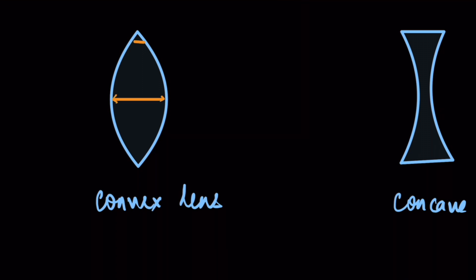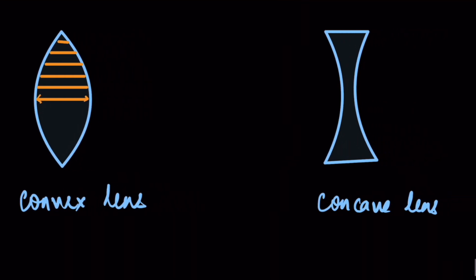Means when we are moving towards the center, thickness increases. But reverse happens in the concave lens. In concave lens, at the center, it is thin. But when we are going away from the center, towards the edge, we notice that its thickness increases.